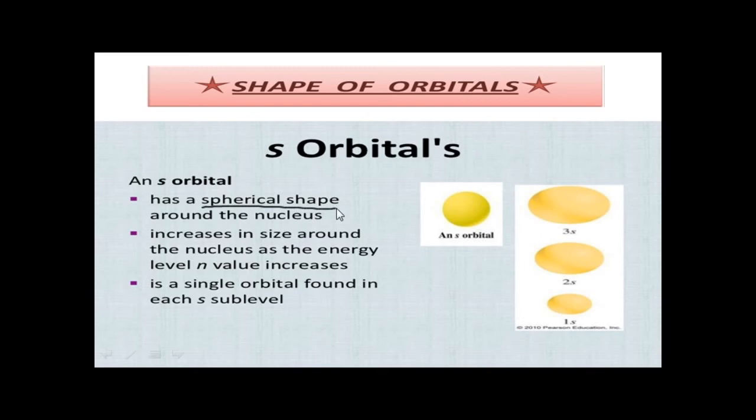Spherical means a circle around the nucleus. It increases in size around the nucleus as the energy level n value increases. A single orbital is found in each subshell. So only a single orbital is present in the S subshell. Okay.